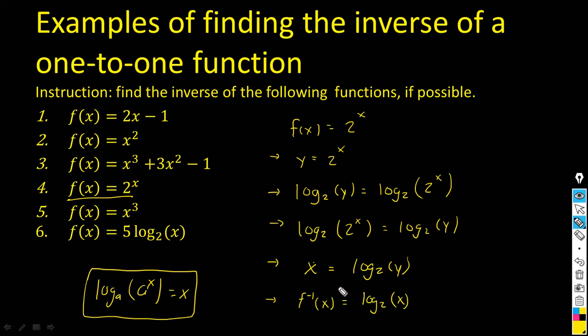I will answer. So this is the inverse function for this particular function, and you can make some tests in order to confirm that this is in fact the inverse function of this one.